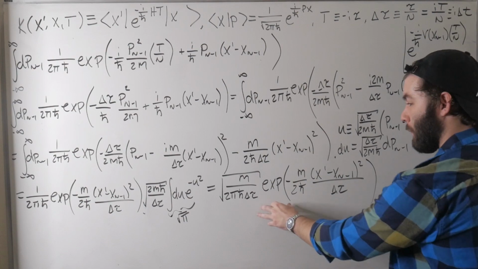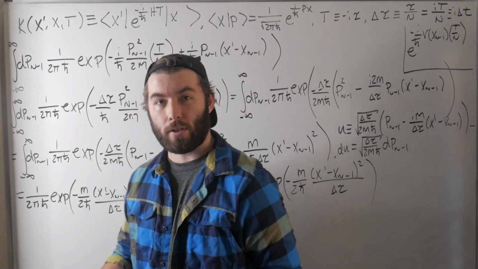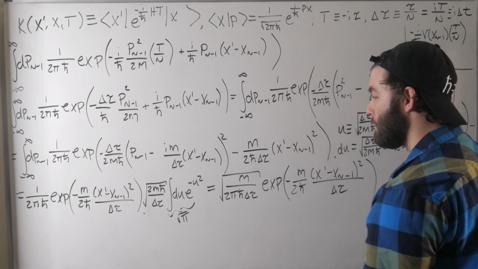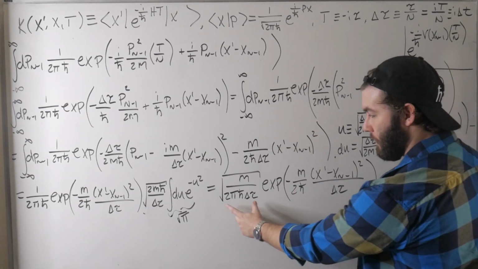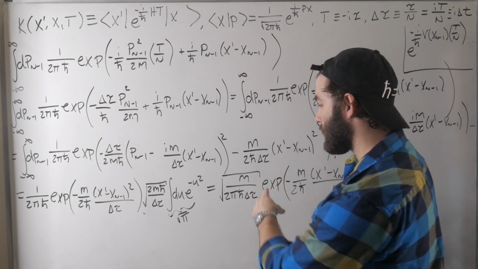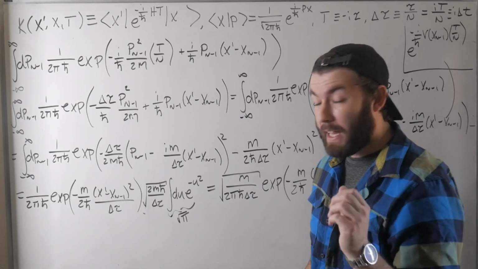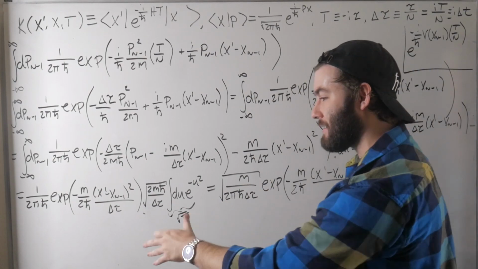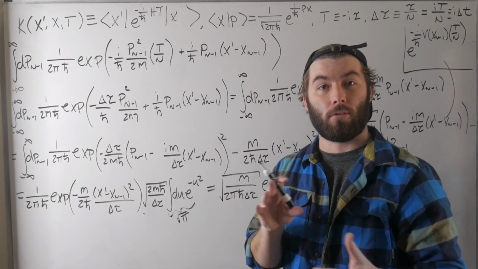Now this is something that we're going to get for each time that we inserted our complete momentum eigenstate. So this is going to happen n times. So at the end, instead of this square root, this quantity to the 1/2, we're going to have this quantity to the n halves. And that's the most important part, I think, of this derivation, because that's what constrains and forces the integral to converge.